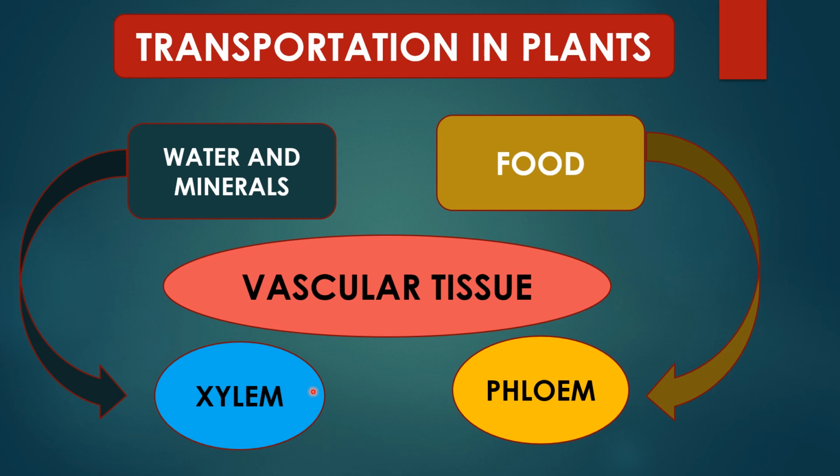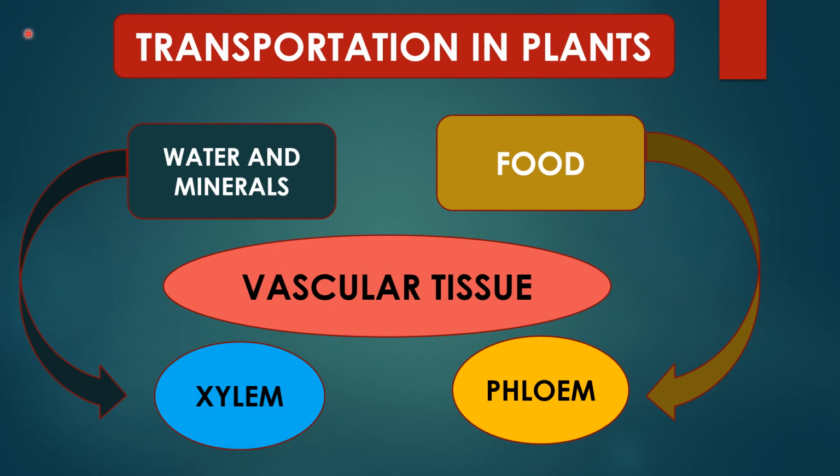Once leaves get the water, they start making food with the help of the process of photosynthesis. Once the food is synthesized in the leaves, it has to be transported to the other parts of the plants. Now, with the help of phloem tissues, the food gets transported to the other parts of the plants.